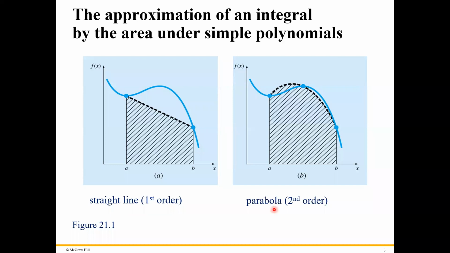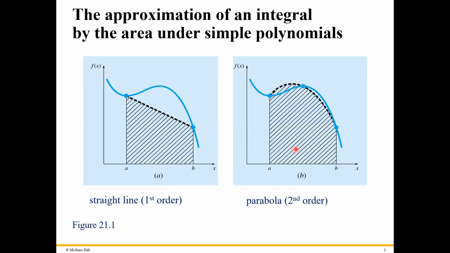In a parabolic approximation, we can take 3 points, including the points A and B, and another middle point, which is normally equidistant from A and B. If we join these 3 points with a curve, which is a second degree curve, then we get a better approximation.